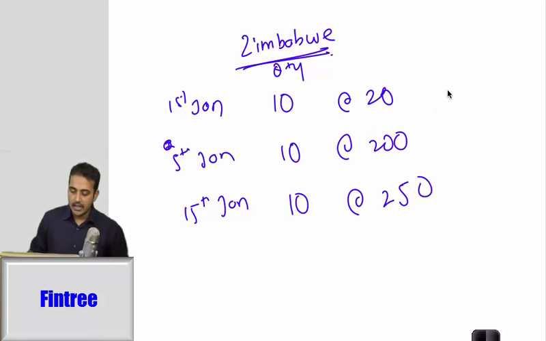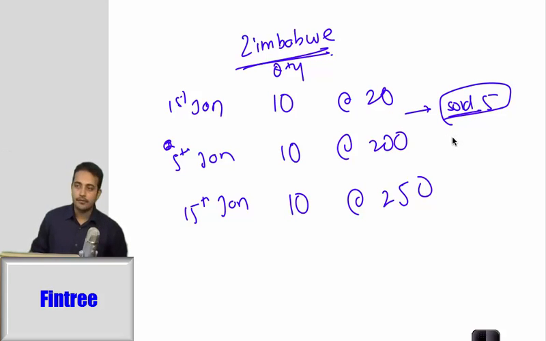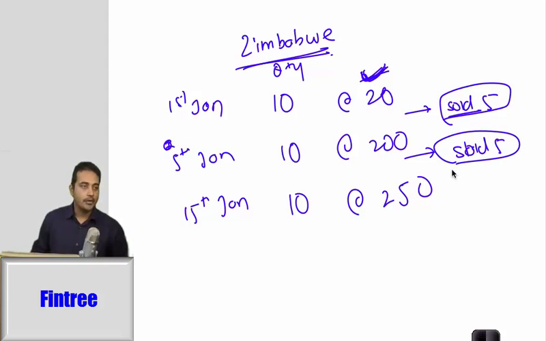Okay. Now let us say between these you sold 5. So if you are using LIFO, the COGS would be calculated at what price? 20. Agree? Then between these you sold another 5. If you are using LIFO, COGS would be calculated at what price? 200.